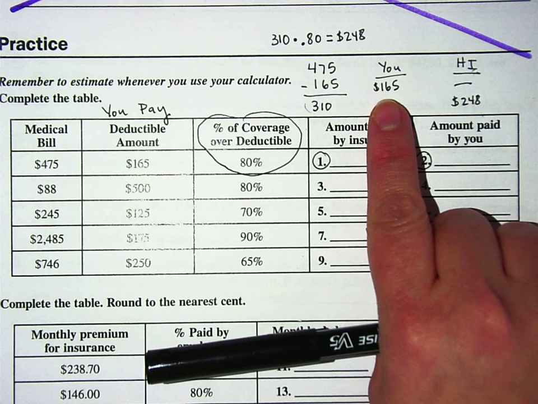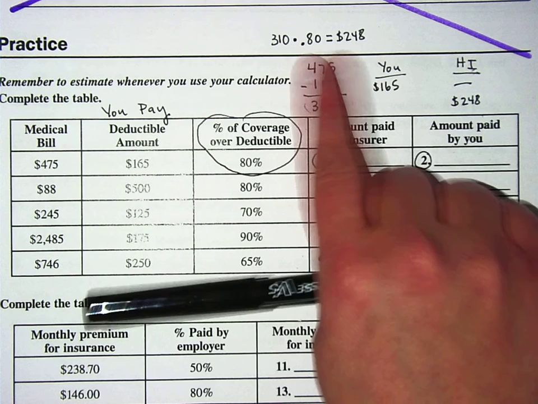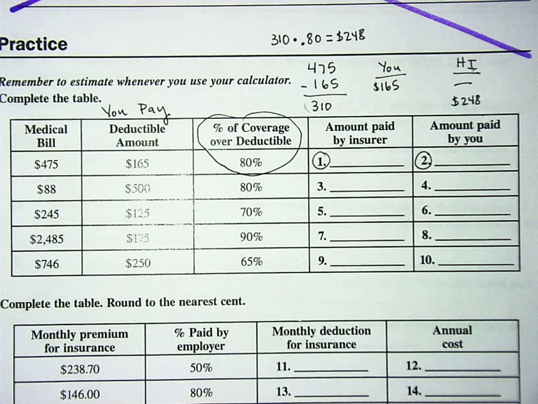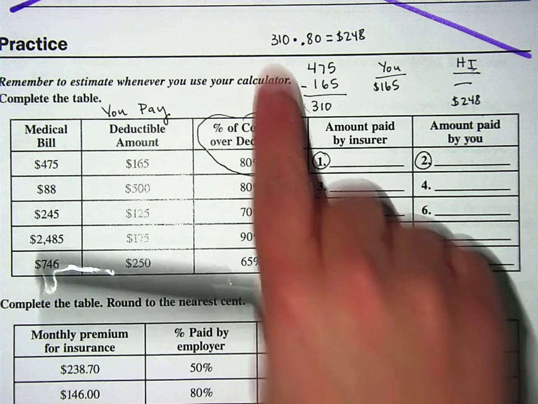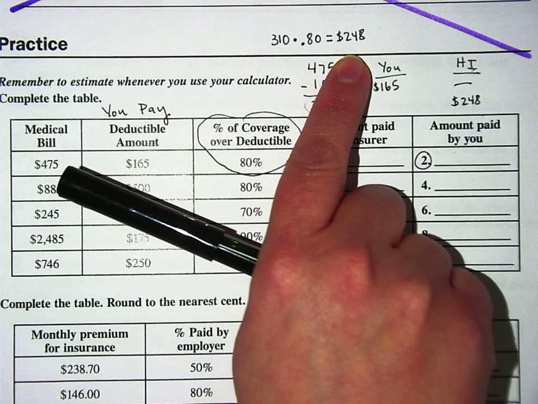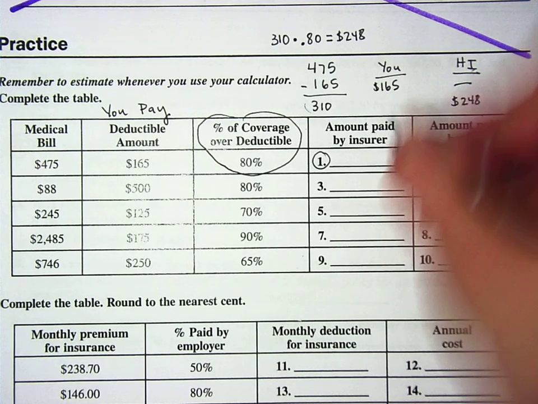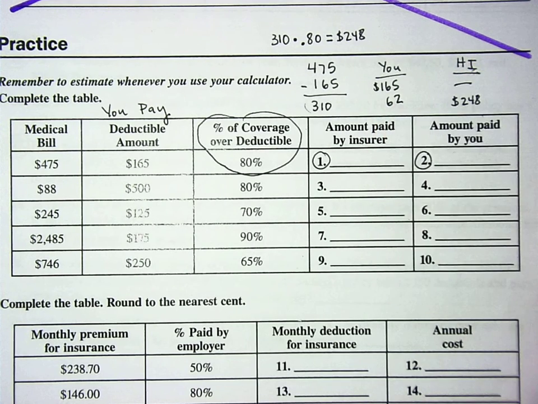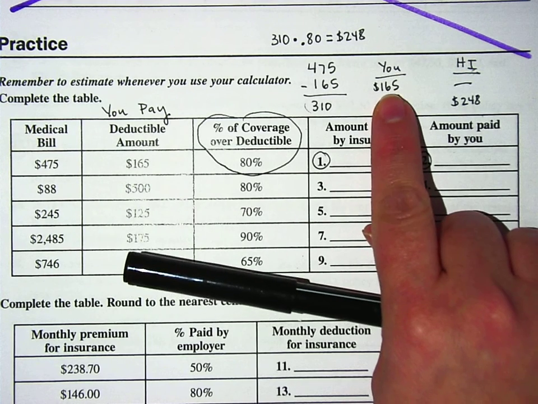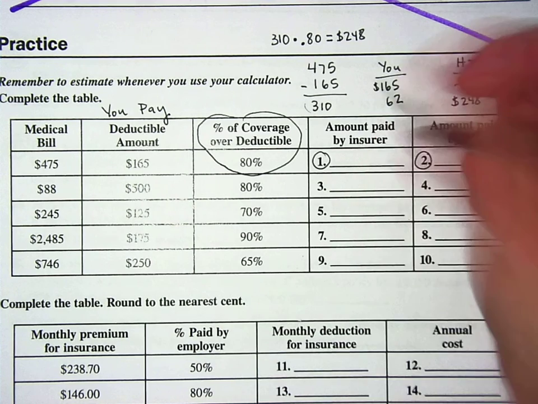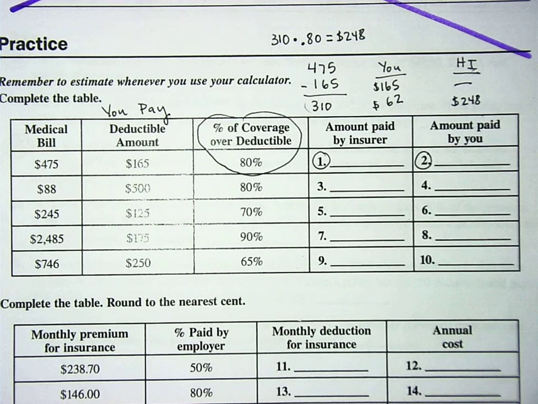Not just 165, but you also have to pay that other 20% of what's left. To figure that out, you could either take 310 minus 248 and you pay the remainder, or you could take 310 times 0.2, which is 20%, right? Right, 62. So basically, first you paid 165, and then with what was left of the bill, you paid $62 and they paid 248. That is until you hit that max out of pocket, and then they pay for everything.